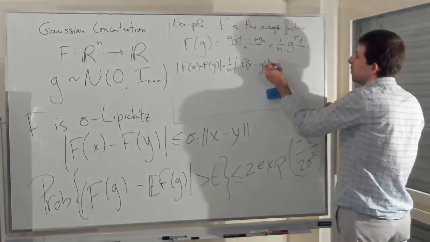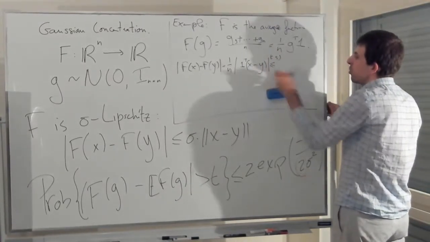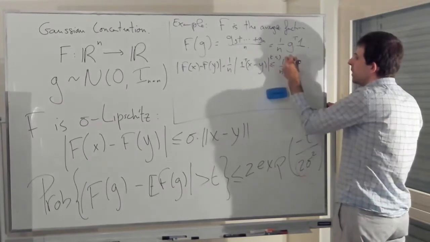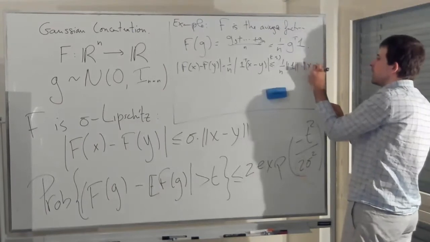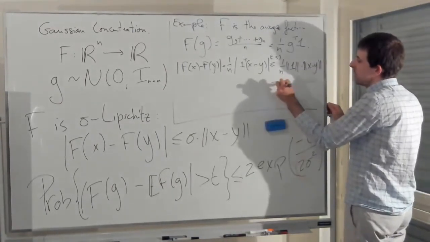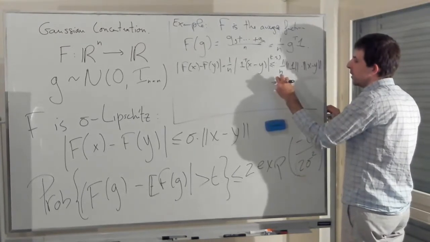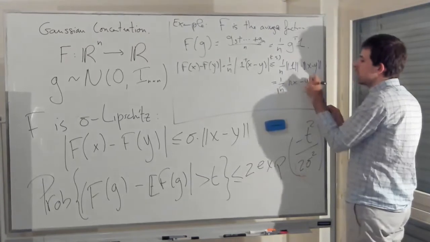Now we can use Cauchy-Schwarz. We have an inner product, so we get 1 over n, norm of the all-ones vector, norm of x minus y. The norm of the all-ones vector is square root n, so this is equal to 1 over square root n times the norm of x minus y.